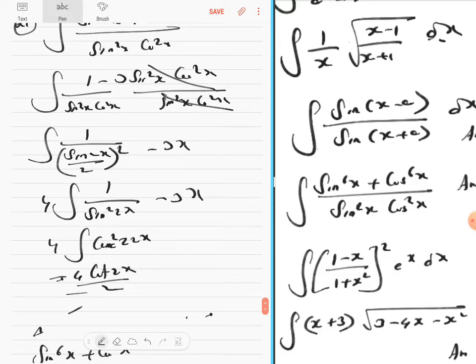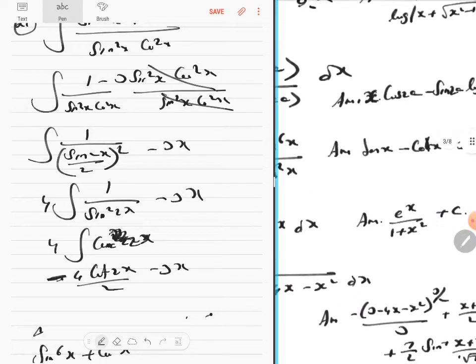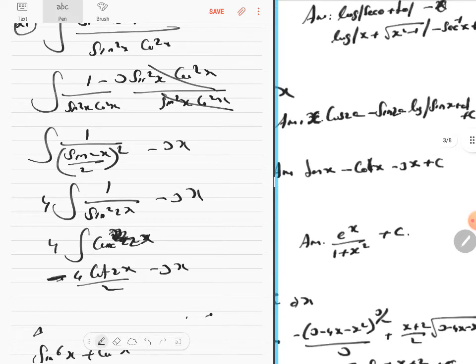Sine square 2x goes up and becomes cosecant square 2x, and the differentiation of cot x is minus cosecant square x, so it will be with a minus sign also, and it will be cot 2x by 2, and there is a minus 3x. Why would this be tan x minus cot x?